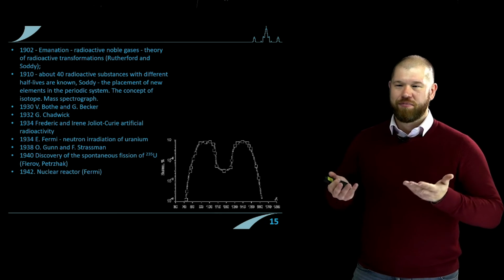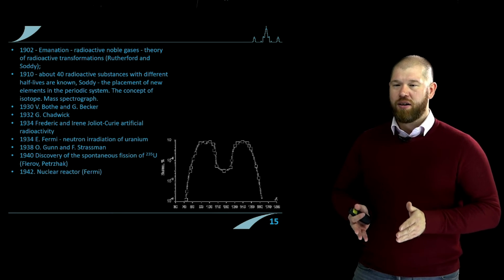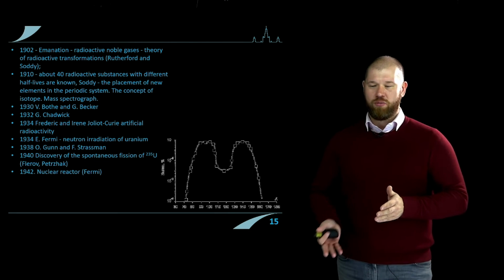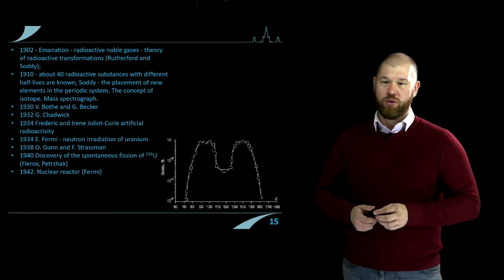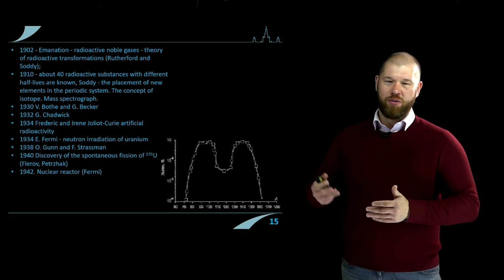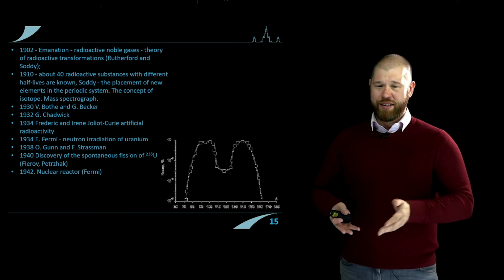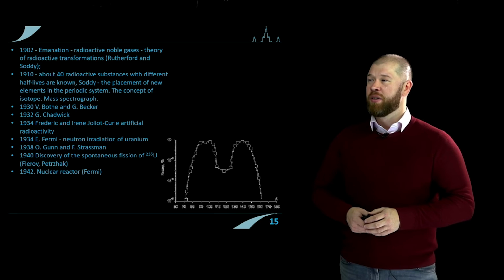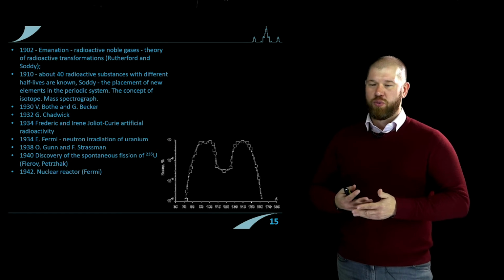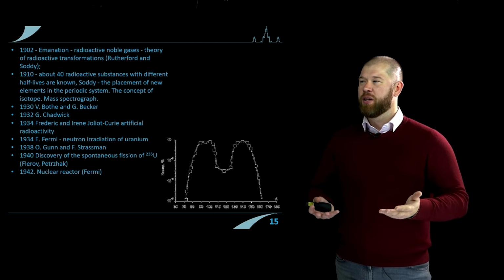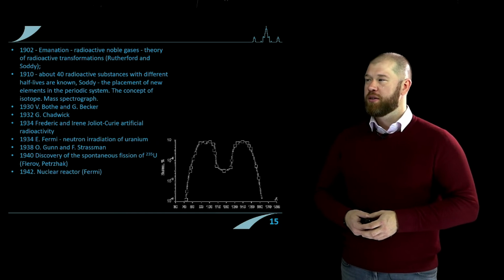The only explanation was that a radioactive gas is released and accumulated from the radium salt, and when the window is open, this gas simply goes out, and thus the activity is decreasing. And this simple observation leads to the discovery of the concept of the radioactive transformation of the elements.